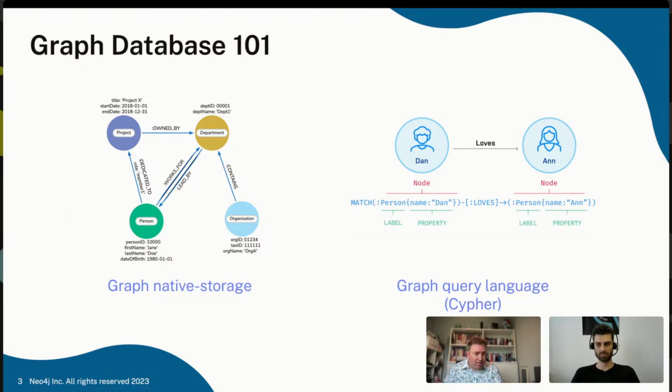So that theme of graph all the way down: our storage is a graph at the bottom. And the second part is that we're a database company, but our queries look different to everyone else. We don't do SQL, we do Cypher. Hopefully everyone knows that already, but sometimes these things have to be pointed out.